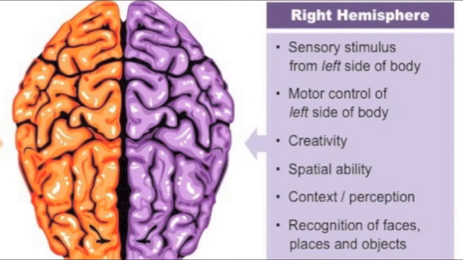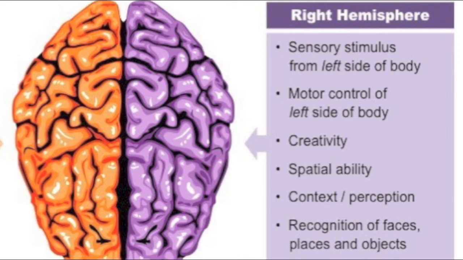So the right side of my brain is good at organizing information. It's good at finding abstract meanings in things, context, spatial relationships, like being able to read a map. I cannot read a map. That must be because I have a right side problem.